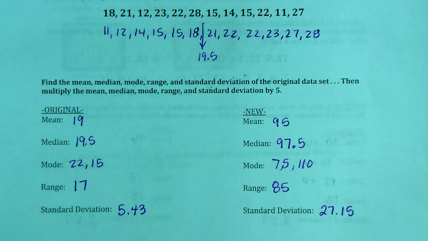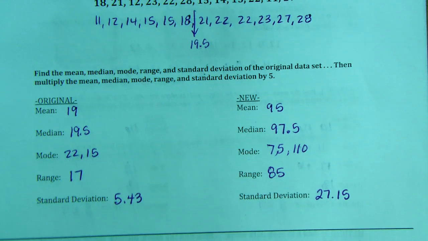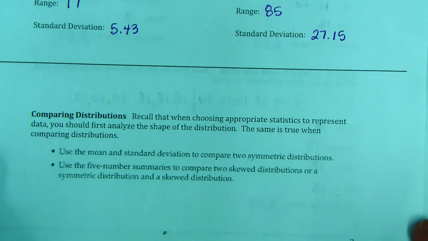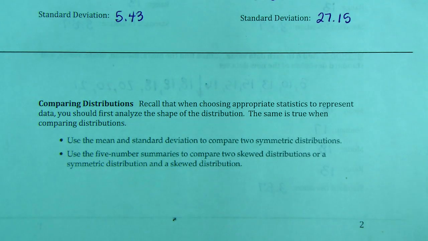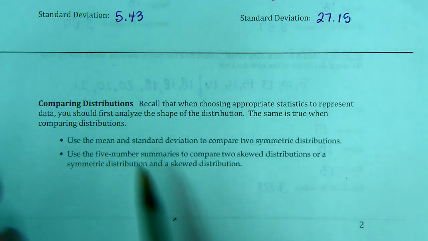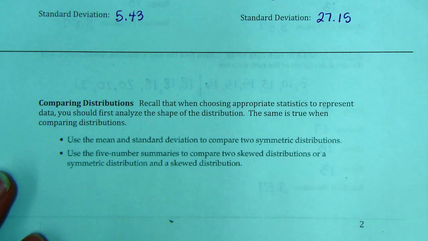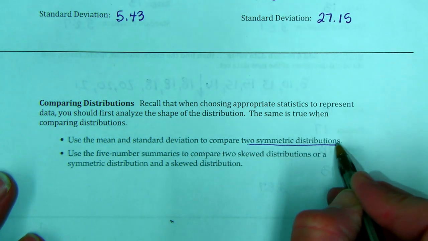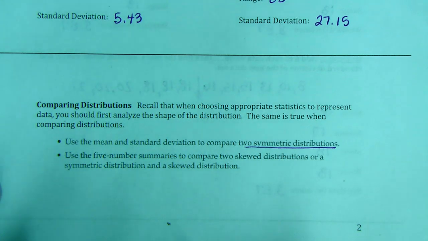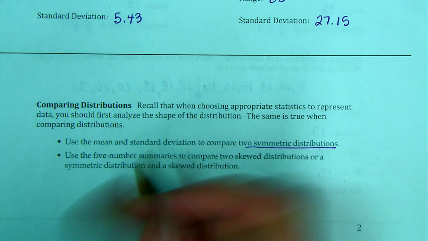All right, but what if we're just straight up comparing them? Comparing them, writing a sentence. Yes, I know, we have to write another sentence here. But what if we're just comparing them? Well, it depends. If our distributions are symmetric, if they're both symmetric, or relatively symmetric, we're going to write a sentence comparing the means and the standard deviation because that's how they are centered and spread.